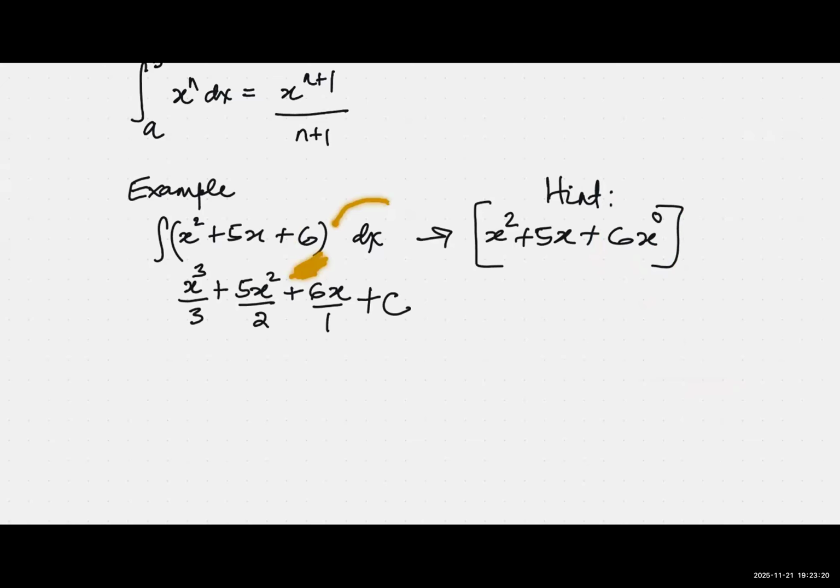So we are just adding 1 to the power: 0 plus 1 is 1, so it now becomes 6x. And then you have to include your constant of integration. As a matter of fact, this is the answer.